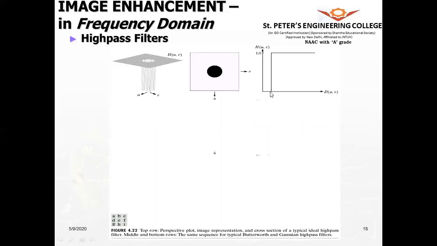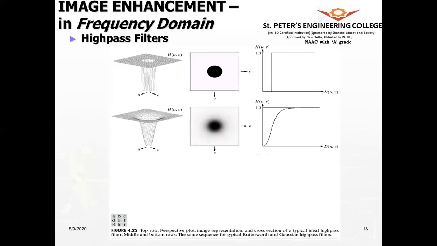So here is the cutoff frequency, and there is a sudden change from the stop band to the pass band. And as I said, these sudden changes will result in a ringing effect. So even when you use a high pass filter, it will introduce ringing effect. So therefore, we go for the filters that have smoother transitions.